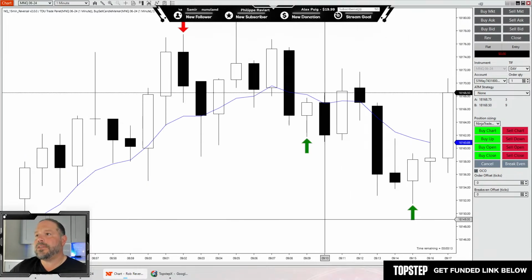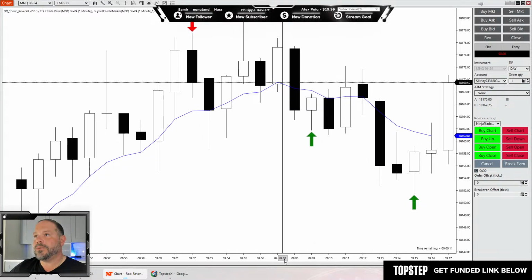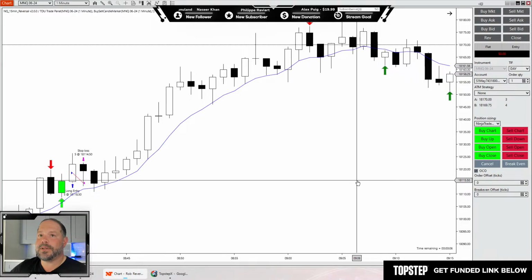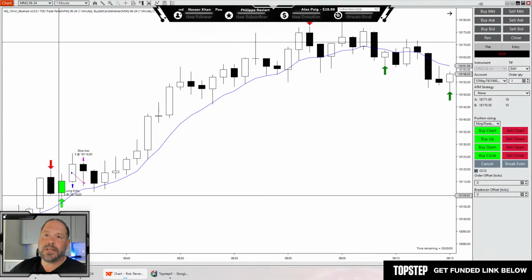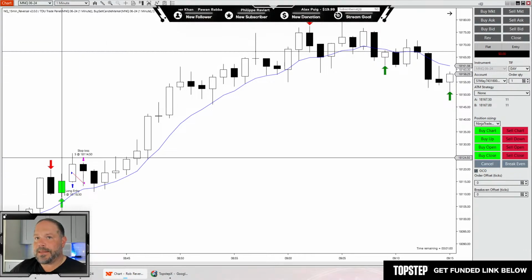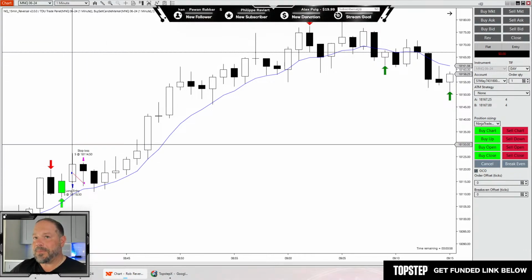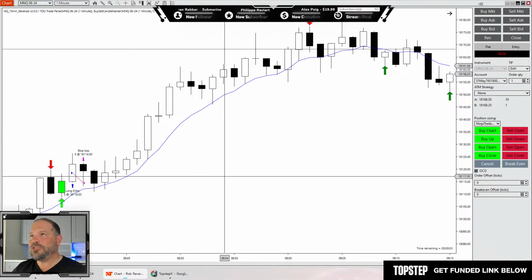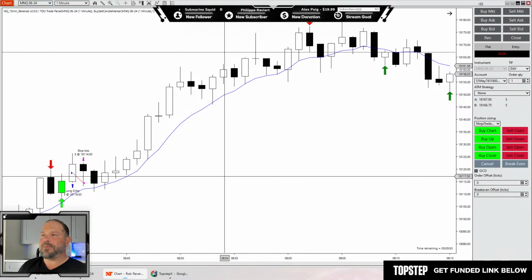The 1-minute starts to give you more trading opportunities. It's pretty simple. It would have taken a trade right here. Granted, you have to remember that this is still looking for 70 points of profit and 35 points of stop loss. So you would have to adjust your trading based on the time frame you're trading.